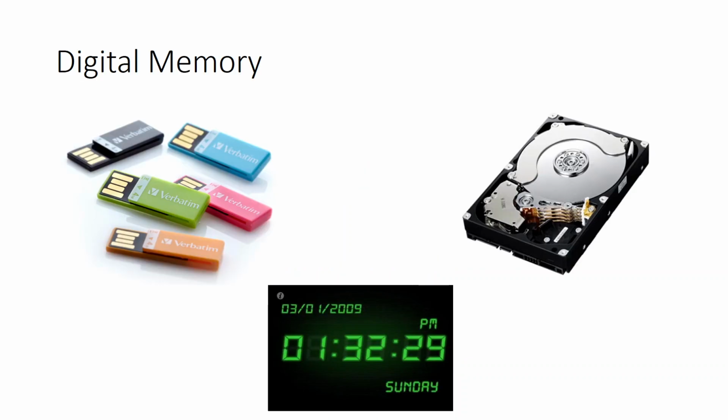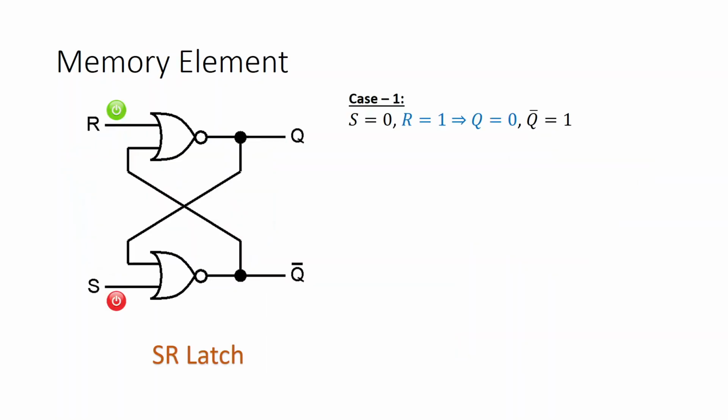So, let us look at the available digital memory systems which are available in the market, and what is the basic circuit there, that is what we are trying to explore. And this is the basic circuit. So, this is one of the basic circuits. So, let us explore this circuit, how this works, and that would give us light on how we are actually implementing memory in a particular system.